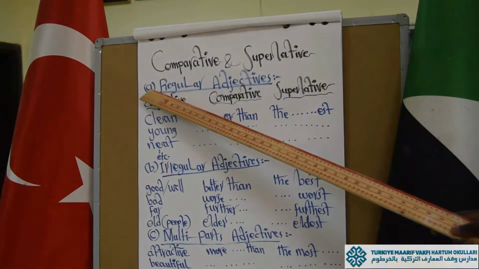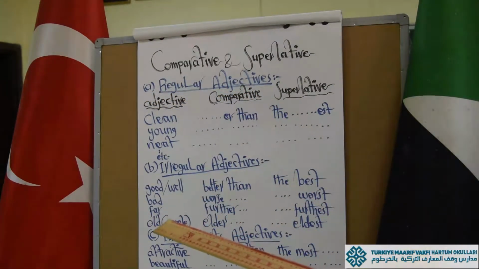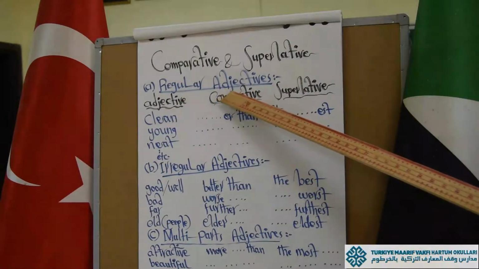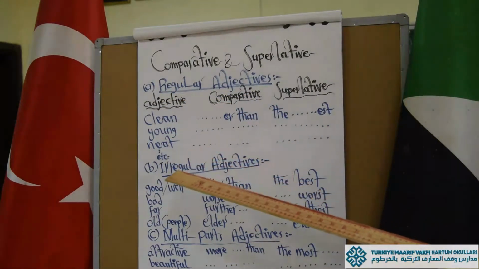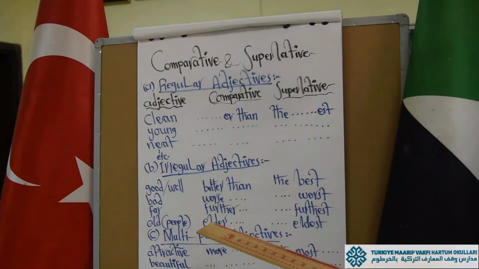Number one, or number A, I will call regular adjectives. These regular adjectives have a different form from the other kinds of adjectives, which we are going to talk about later when we finish this part.